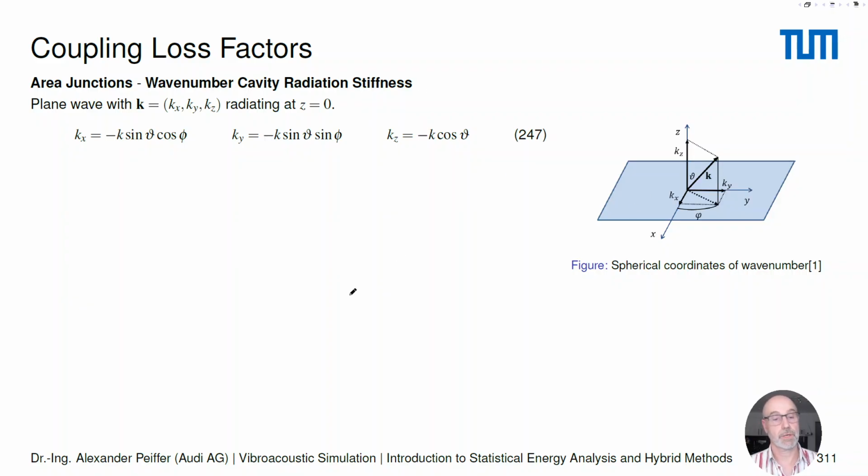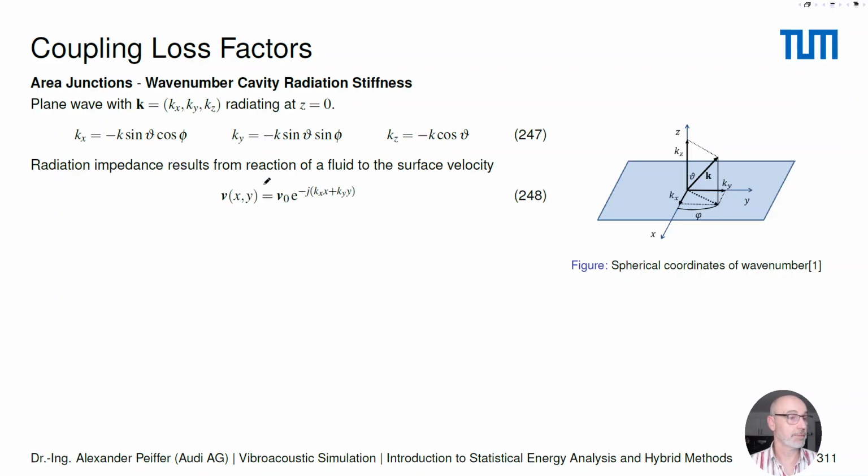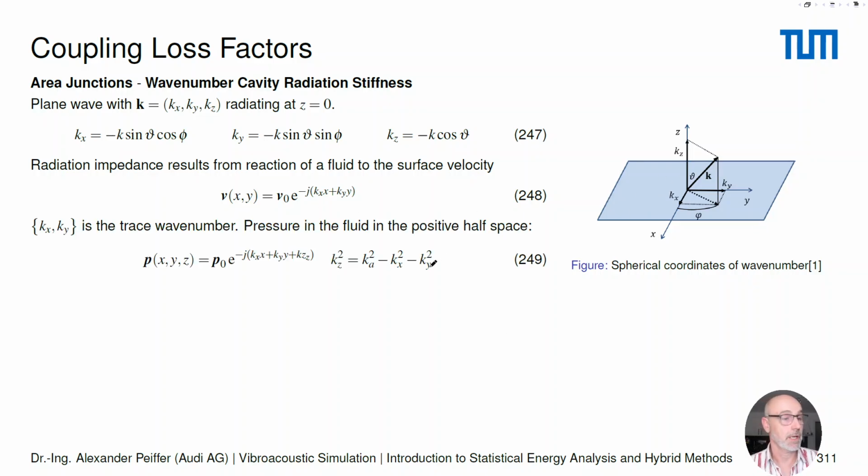This goes in this direction. Just imagine that we have this surface velocity given by kx and ky, expressing this, and from this and the physics of the fluid wave follows automatically the wave number in x, because all these wave numbers must at the end of the day be equal to the wave number of air.